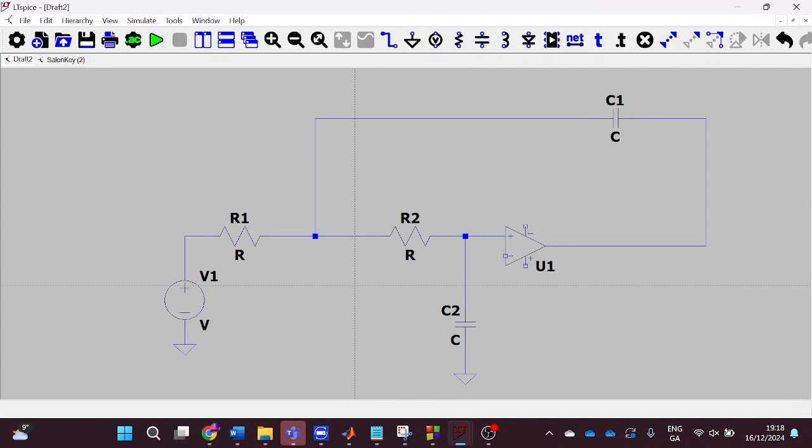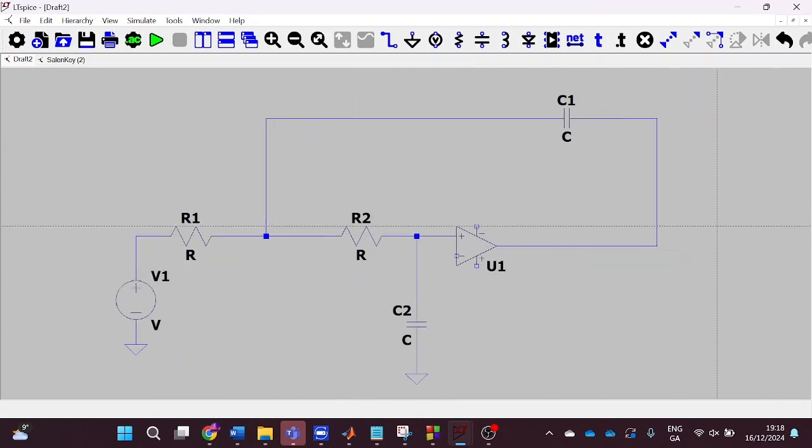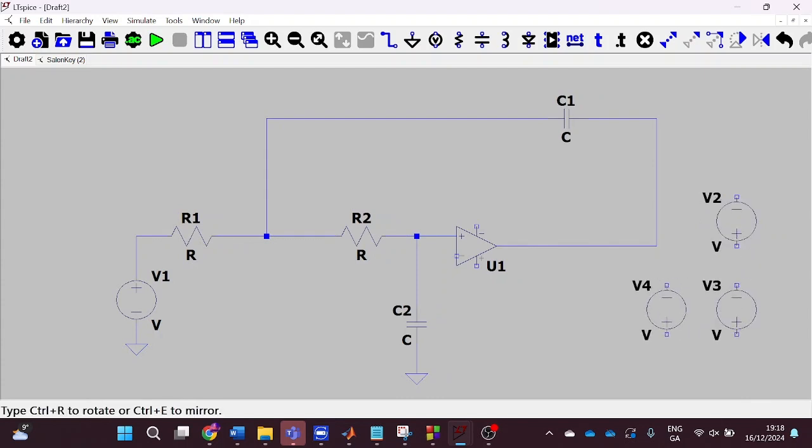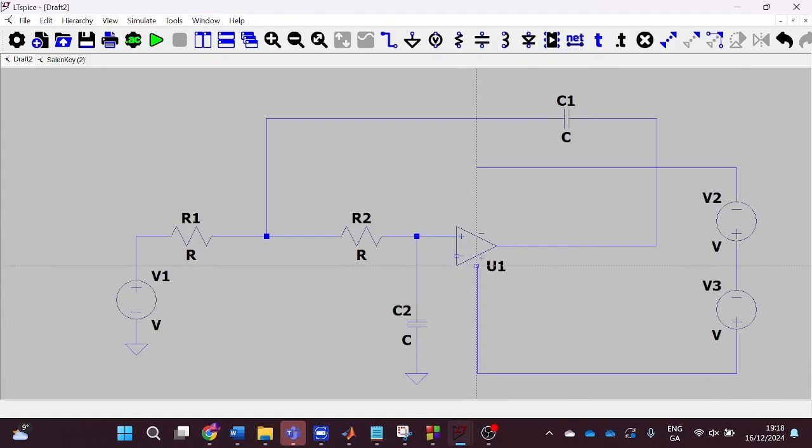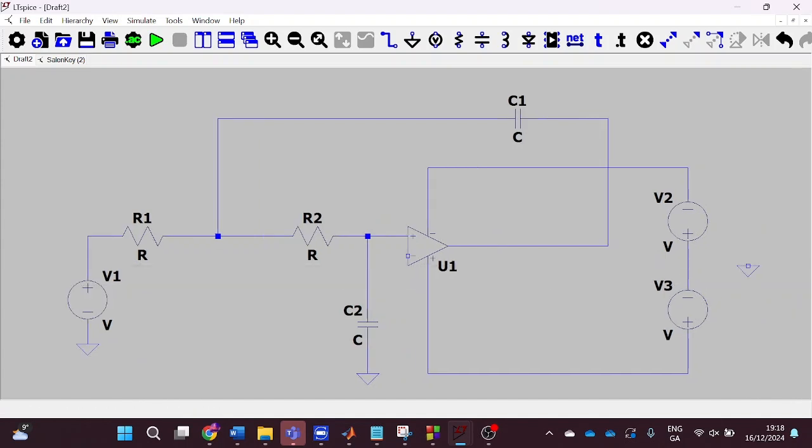And then just pair the op amp also, and the ground also.